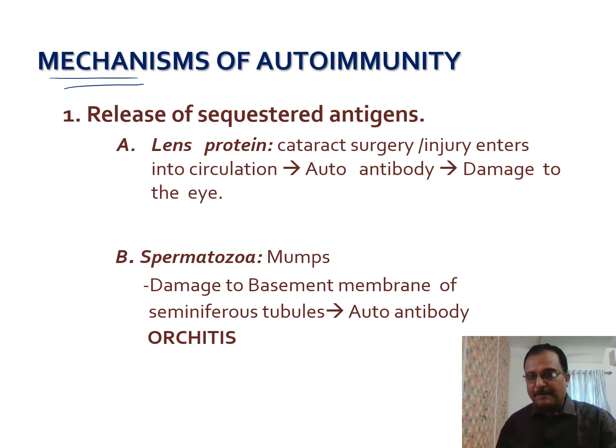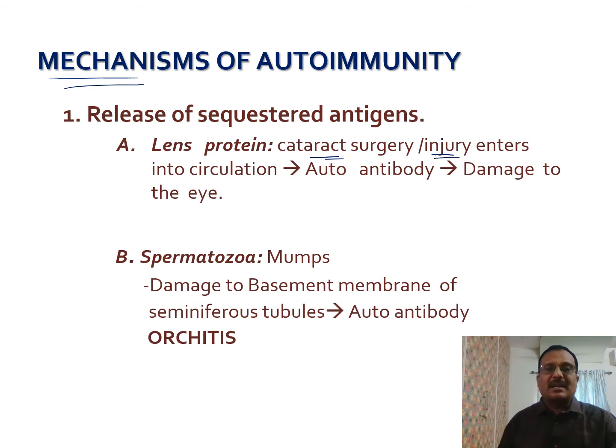We already mentioned that there are certain sequestered antigens which are present in some privileged areas like lens protein and spermatozoa. The lens protein is usually present within the capsule in the eye, but following cataract surgery or injuries to the eye, these lens proteins will enter into the circulation.